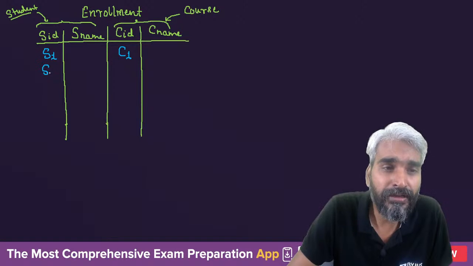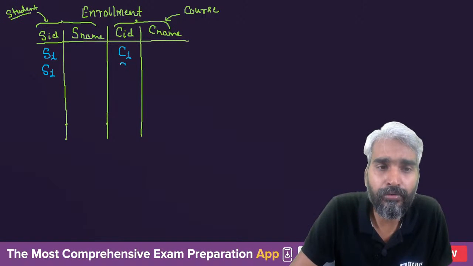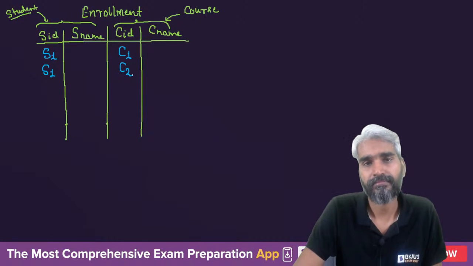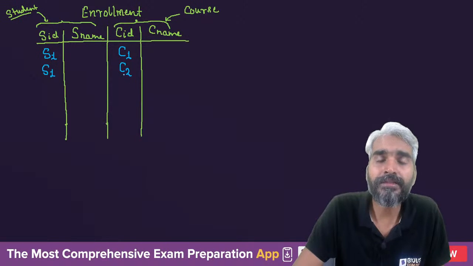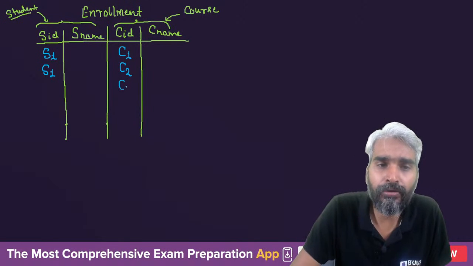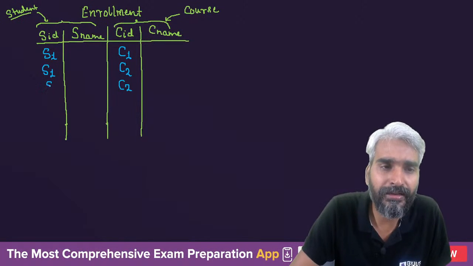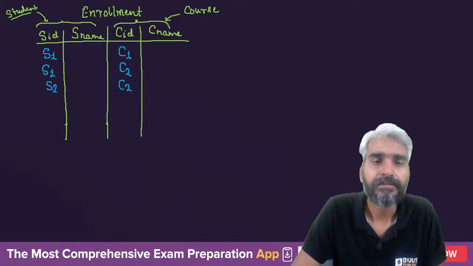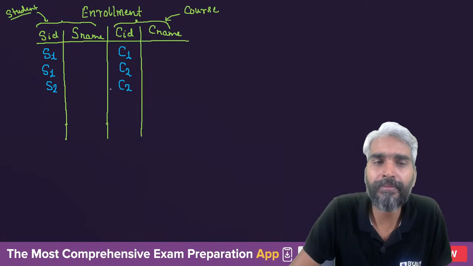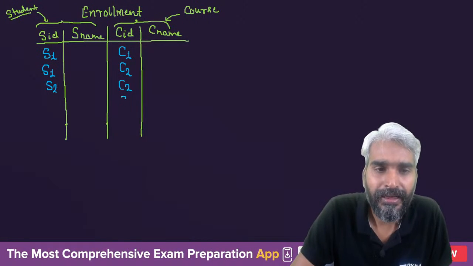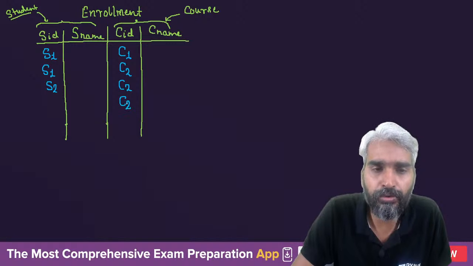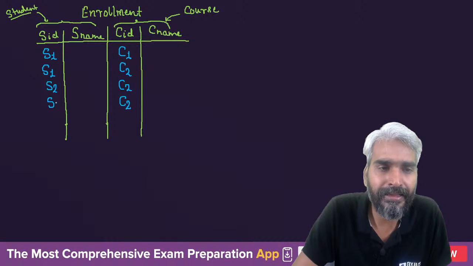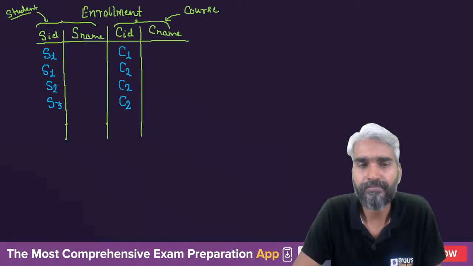So S1 can also enroll for another course. Obviously, sir. Now, this course C2 can be enrolled by some other student as well, as this course C2 can be enrolled by another student S3 as well.